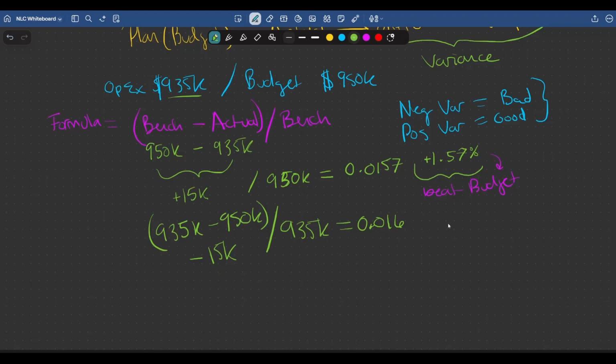And so that is a negative 1.6%. Also a variance, but in this case, we outspent the budget by 1.6% of the total budget. Okay? That's what this number tells us. So this is really helpful to understand, that variance is not necessarily a bad thing.